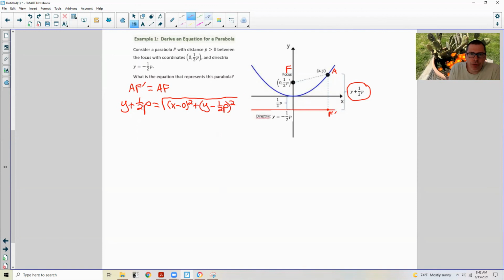And then what we need to do is put this in parentheses because I need to square both sides. I'm not going to do this yet. I'm just going to rewrite this as y plus 1/2 P quantity squared equals, and squaring a square root is the inverse operation and it goes away, and that simplifies this to x minus 0 squared plus y minus 1/2 P quantity squared.